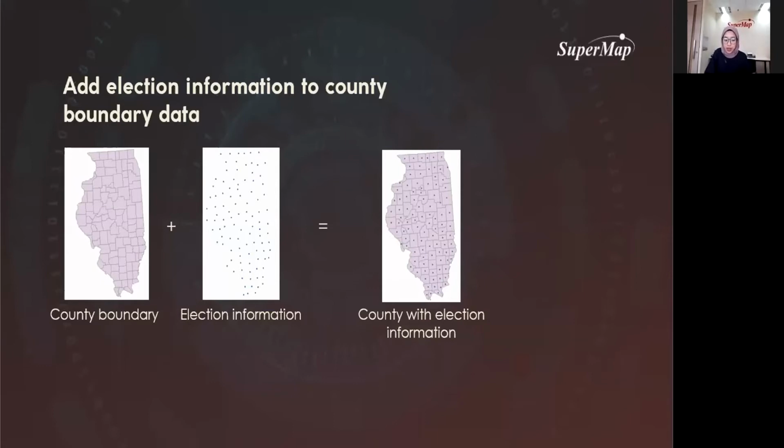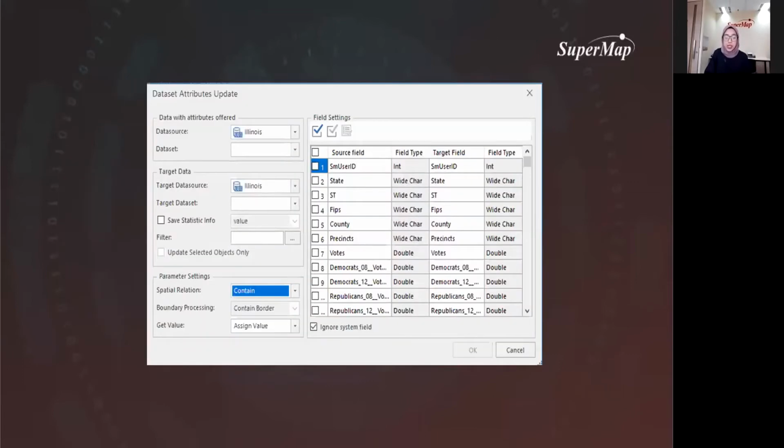How to achieve that? We will use one of the functions in the SuperMap iDesktop called the dataset attributes update. By using this function, we will assign values to the county boundary referring to the election points.